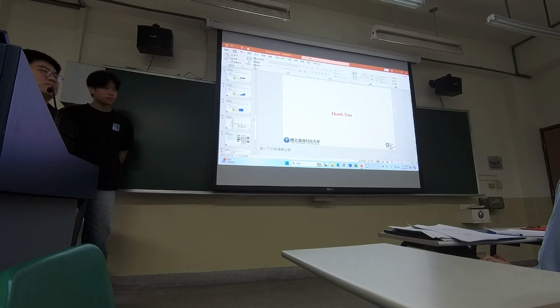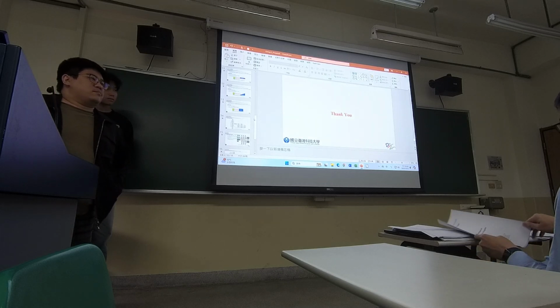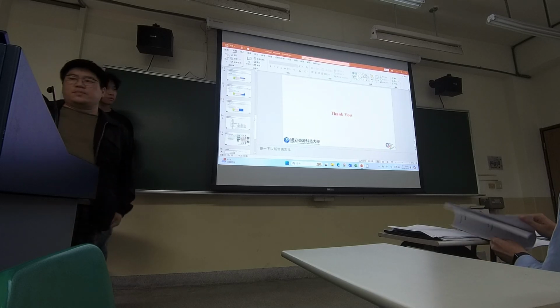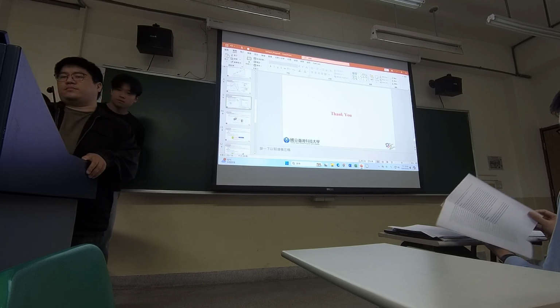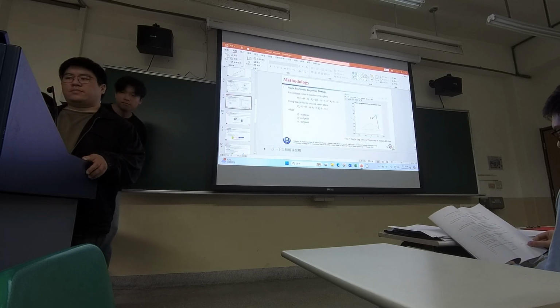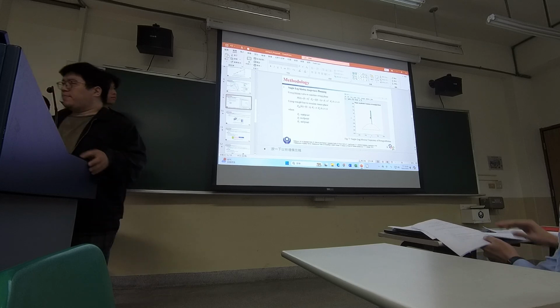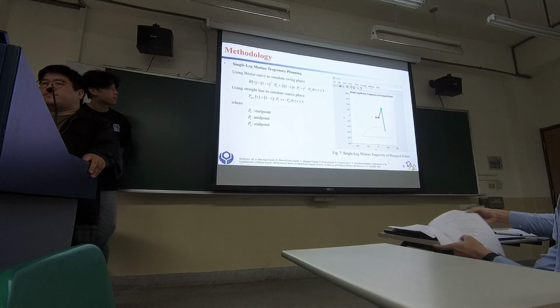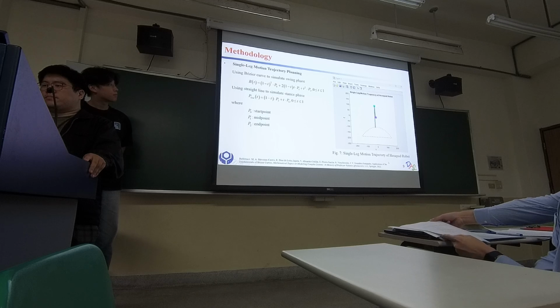I have one question about the Bezier curve. Can you show the slide? Why did you choose the quadratic one, not the cubic?